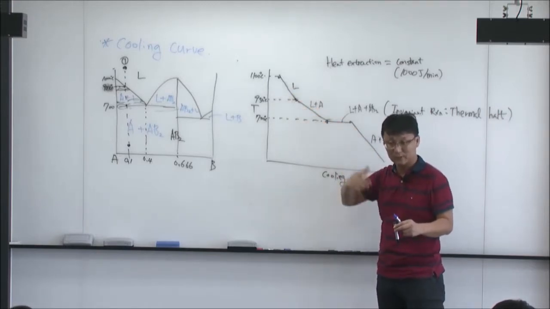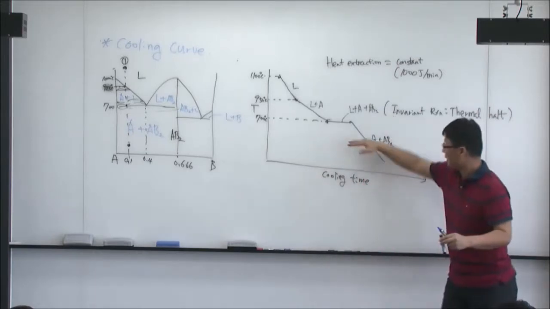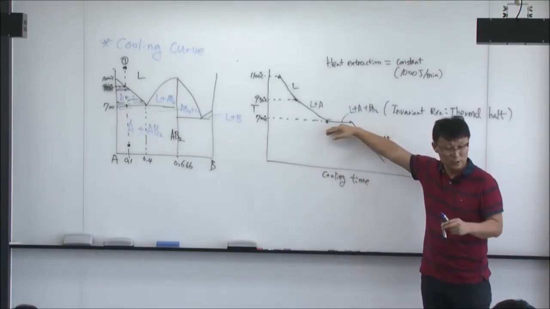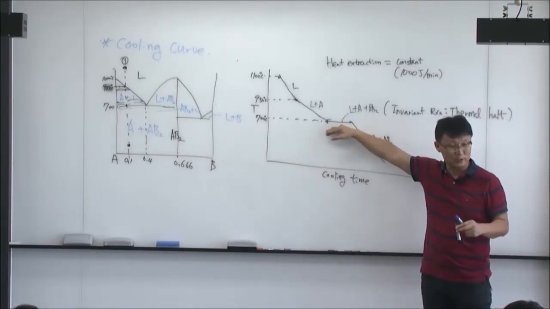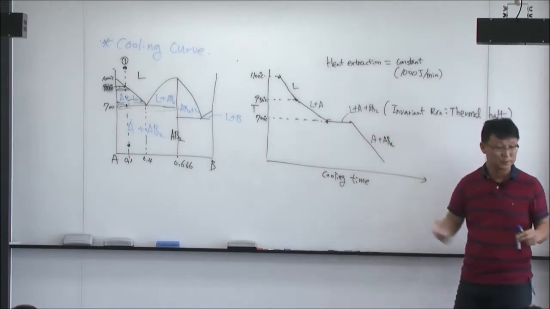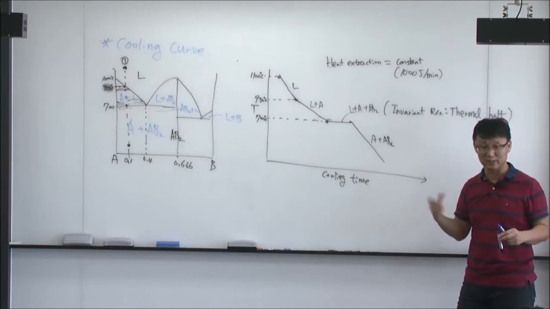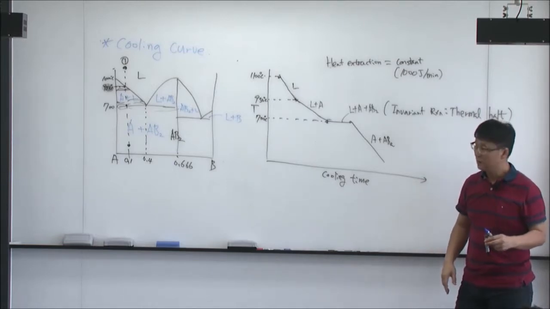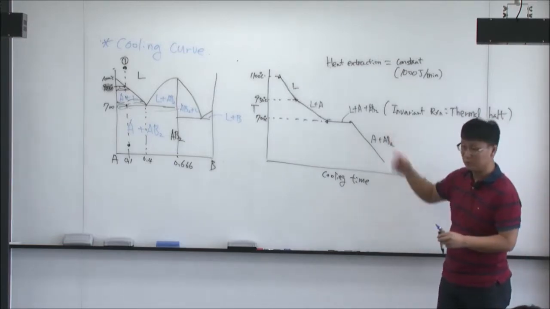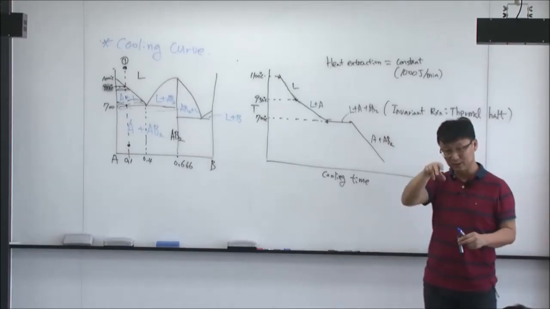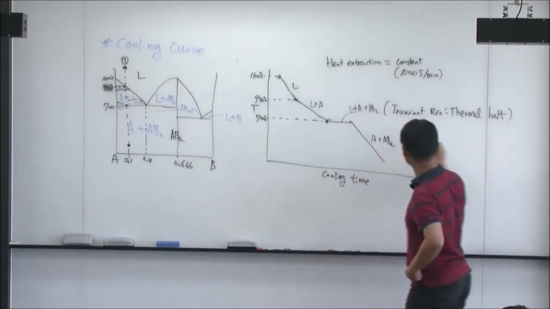I don't know what phase it is, but some phase is forming. Then there's a thermal halt at a certain temperature, an invariant reaction somewhere here, and then it goes down. That's how people determined the phase diagram in the 1930s to 1950s. This technique is called thermal analysis.